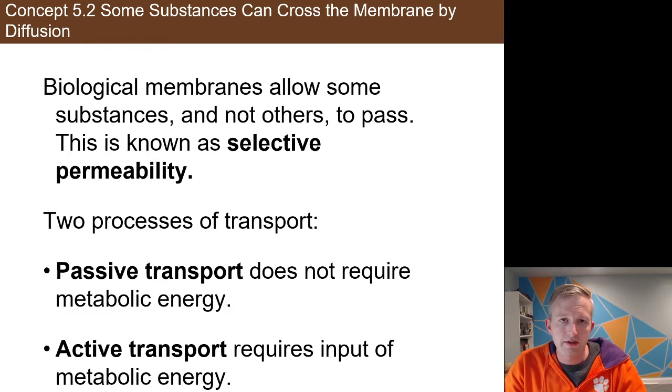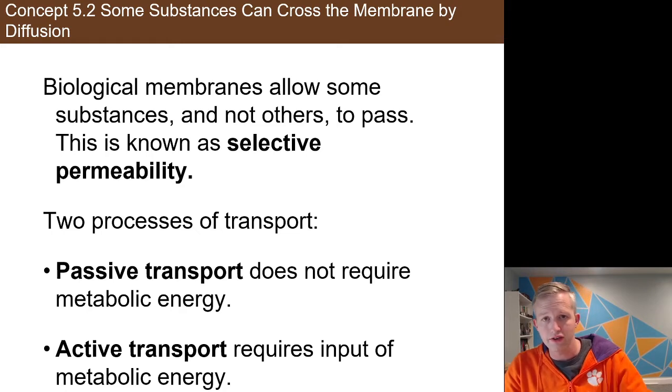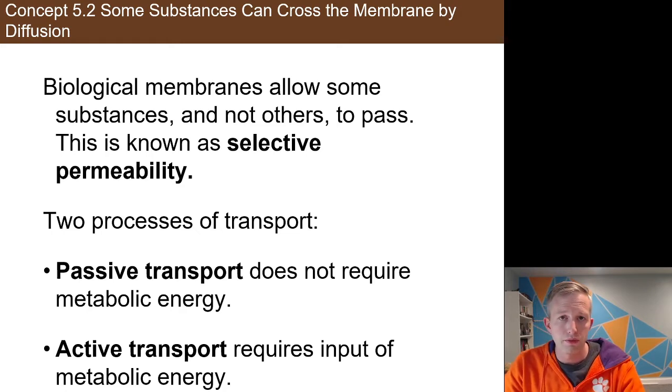There are two main types, passive transport and active transport. In this section, we're looking at different examples of passive transport. Everything that follows in this video will be about passive transport, which does not specifically require energy to happen and is entirely based upon the concentration gradient. Things move down their concentration gradient from a high concentration to a low concentration.